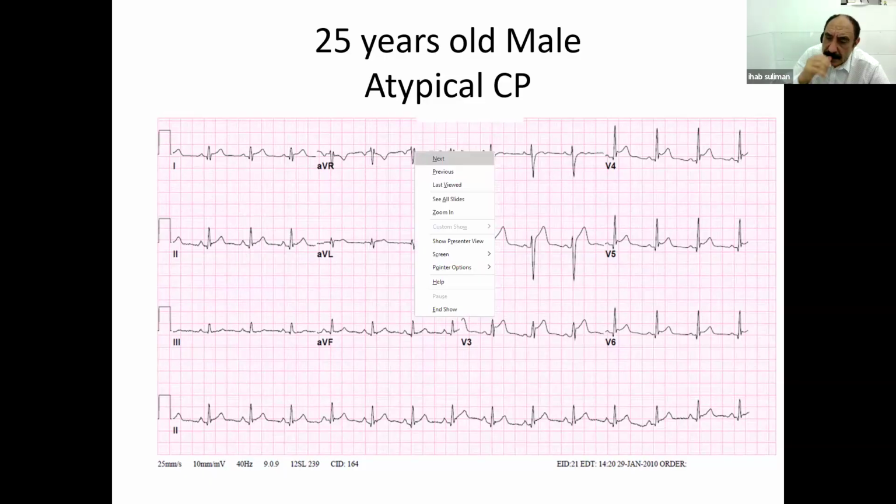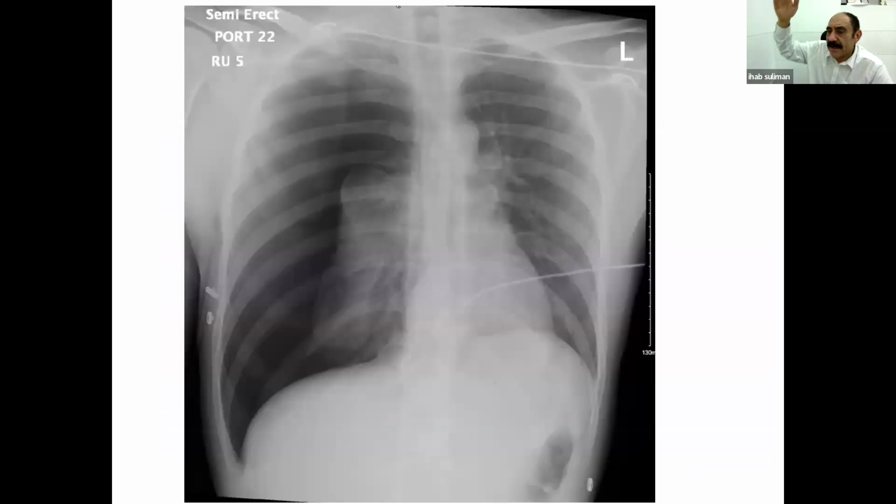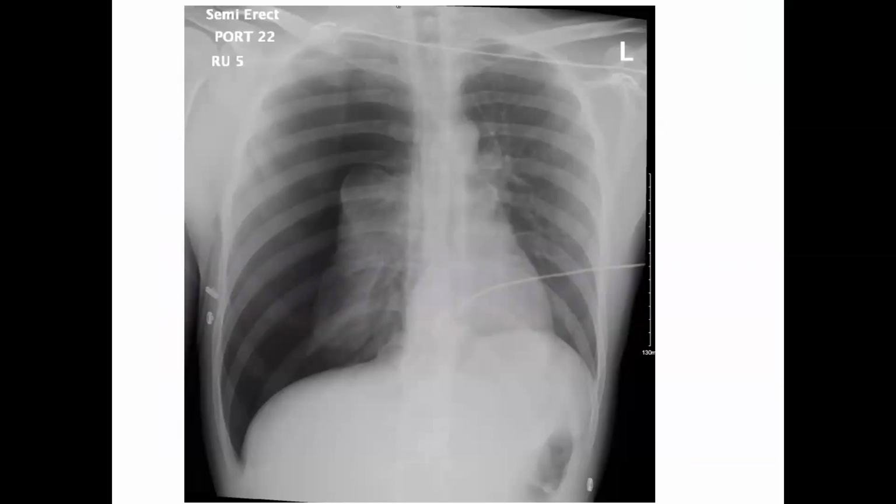So we move on to this interesting chest X-ray of a tall man, and he came with respiratory distress. So what is going on? What is the cause of his respiratory distress? When you look at his X-ray, I will start with the airway. It looks to be central.